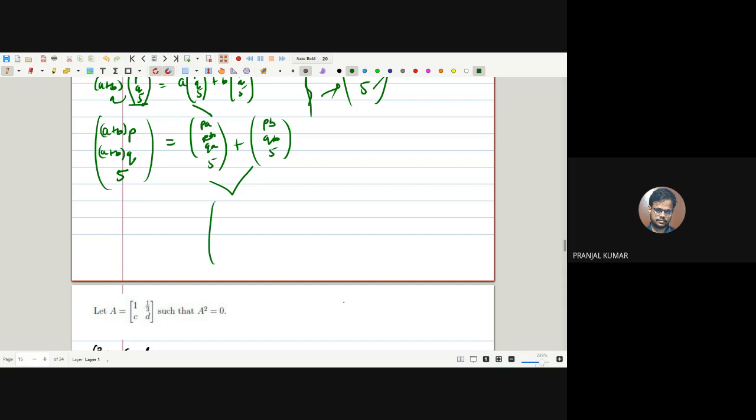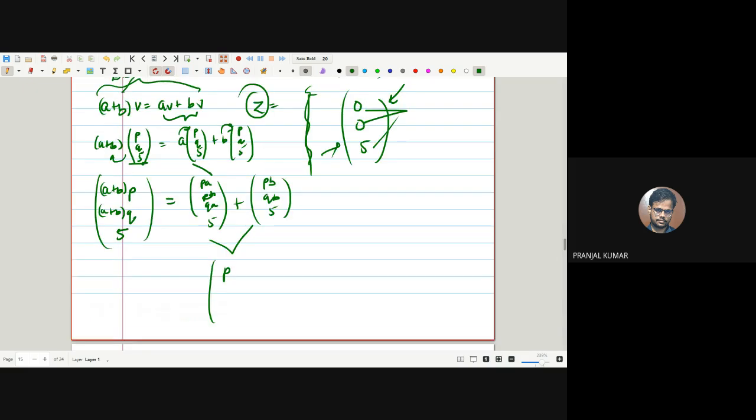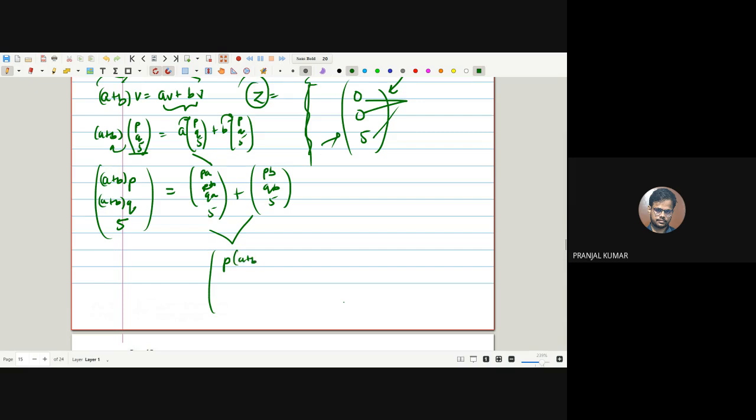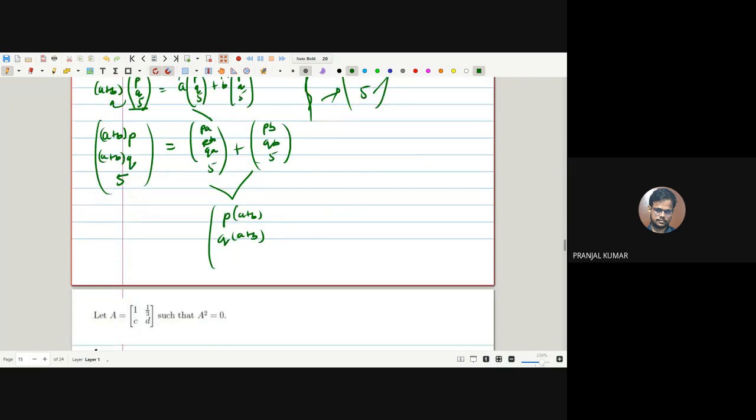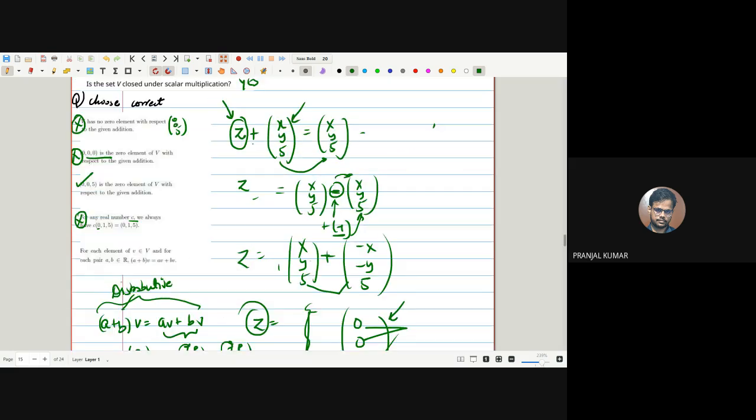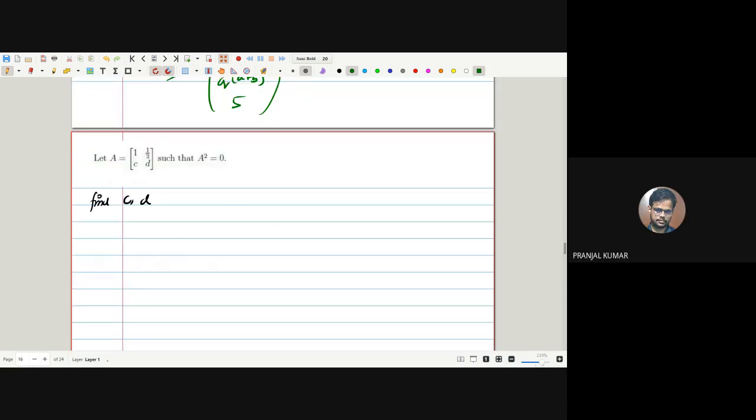What will result in this? (p(a plus b), q(a plus b)), and adding using this operation you will get 5. So is LHS equal to RHS? Yes. Okay, so this is true. Clear? Yes or no?